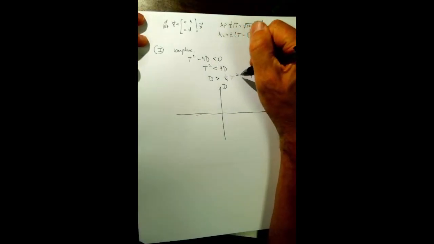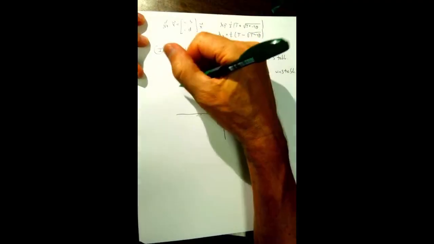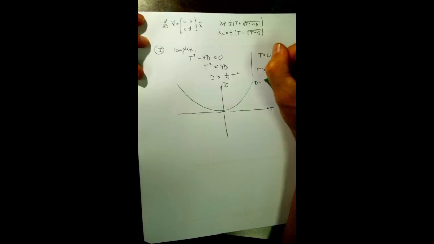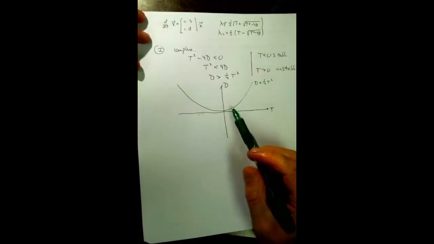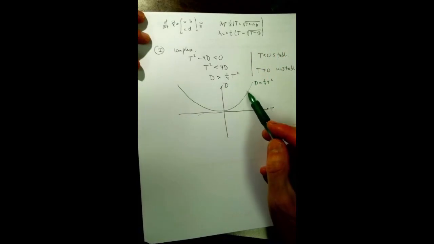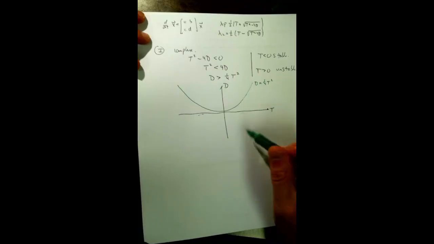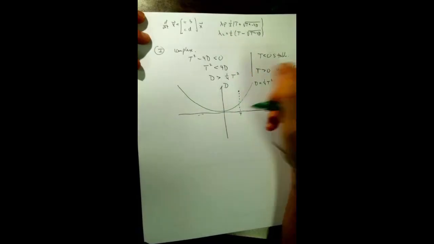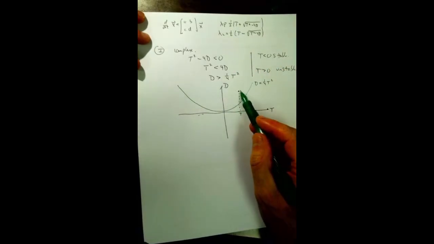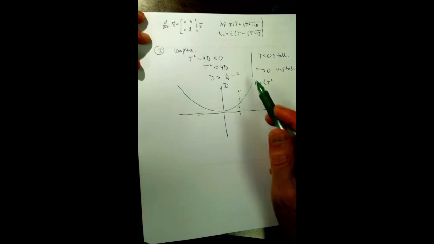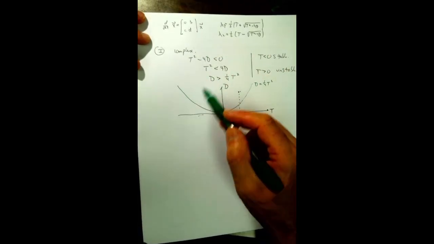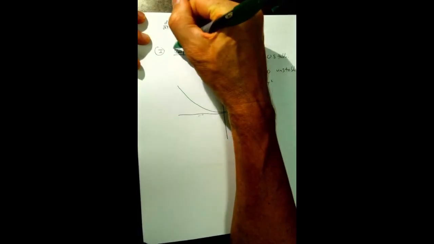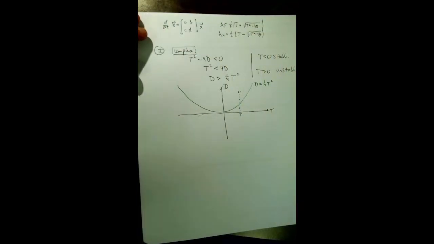D being greater than 1/4 T squared. So if I plot D equals 1/4 T squared, anywhere along that parabola, D is equal to 1/4 T squared. If I pick a point above that, that means D is greater than 1/4 T squared, so this is going to be complex. So anywhere above this parabola, I'm going to have complex eigenvalues.